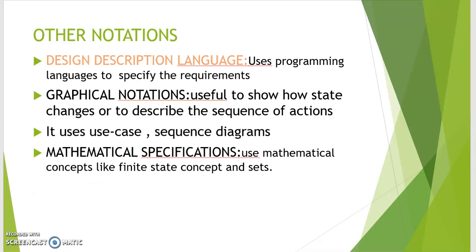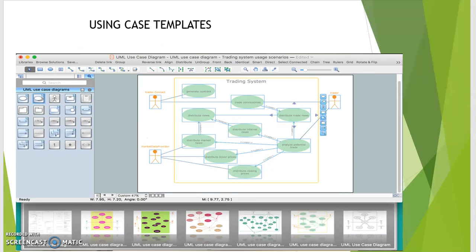There are other notations like design description language, where we use programs and high level language. Graphical notations show how the state changes for the sequence of operations. And in mathematical specifications, we use finite state concept and sets.